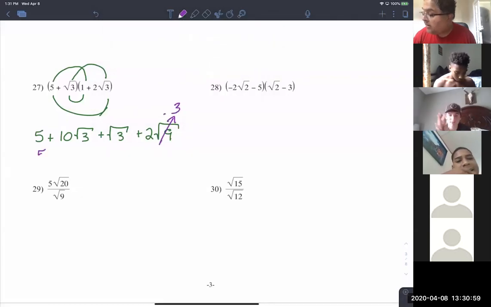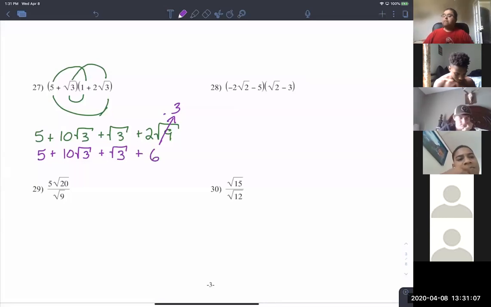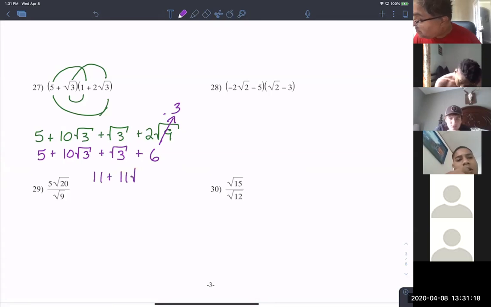So if you had to rewrite this, it'd be 5 plus 10 root 3 plus root 3 plus 6. And it's going to be 11 plus 11 root 3. Any questions?